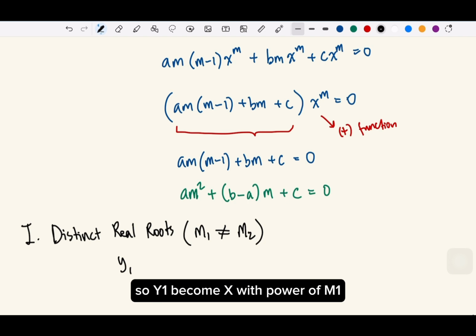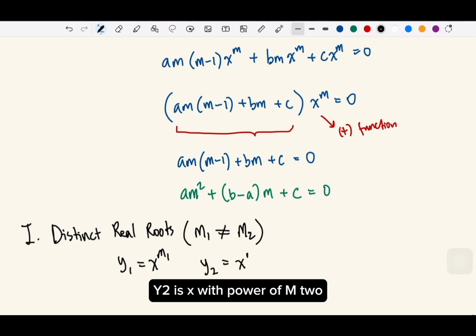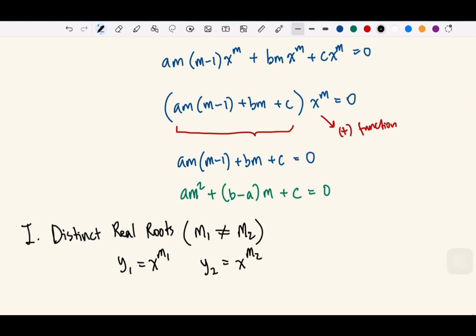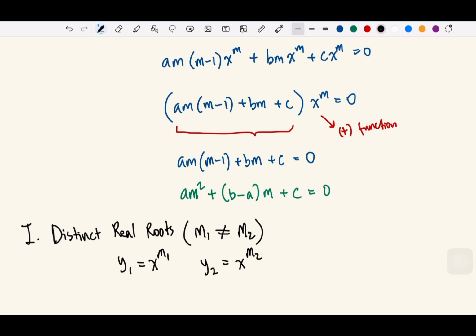So y1 becomes x with power of m1, y2 is x with power of m2. But of course, in real computations, we need to add a constant in front of the solutions.